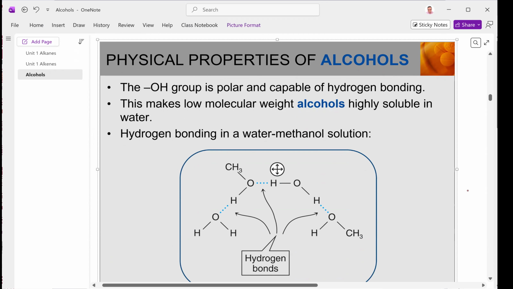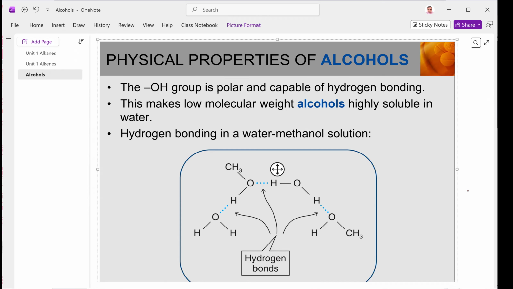Another thing that's particularly outstanding about alcohols is they're extremely polar. That's to do with that oxygen. Oxygen is very electronegative because it's on the top right of the periodic table. That makes it very soluble in water.